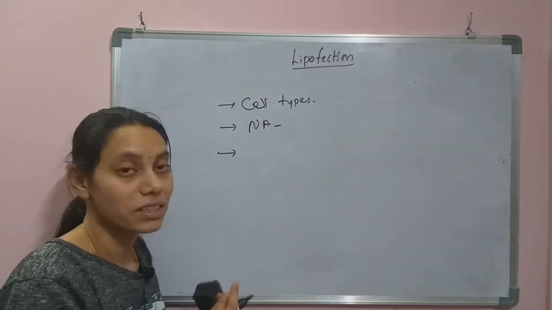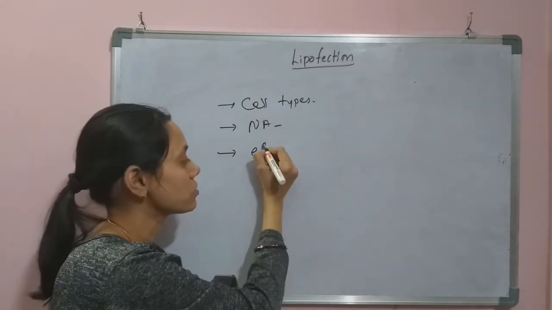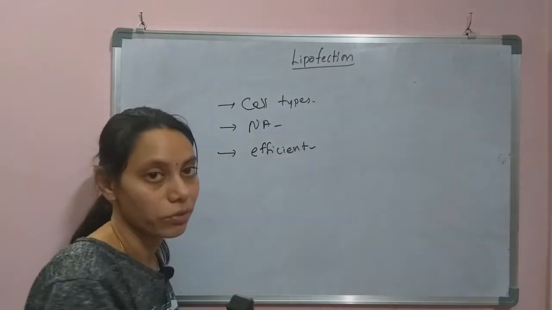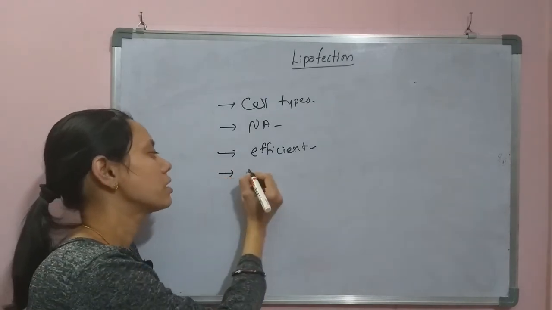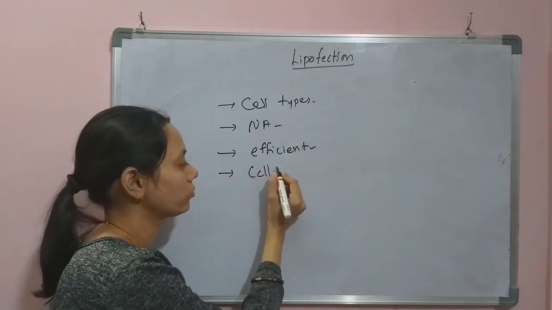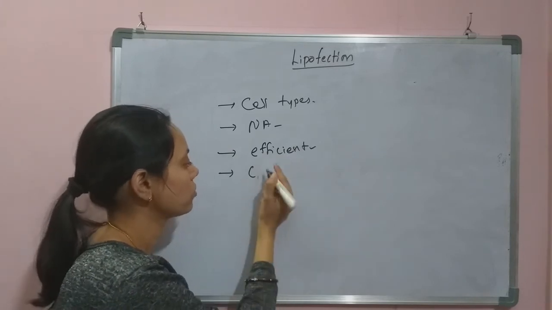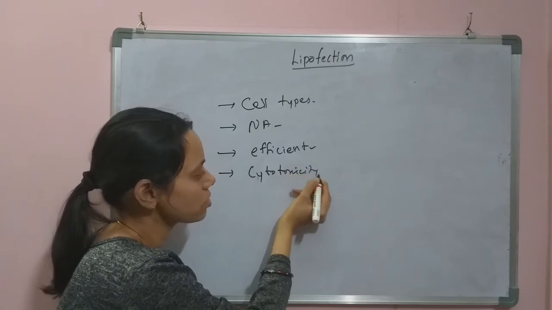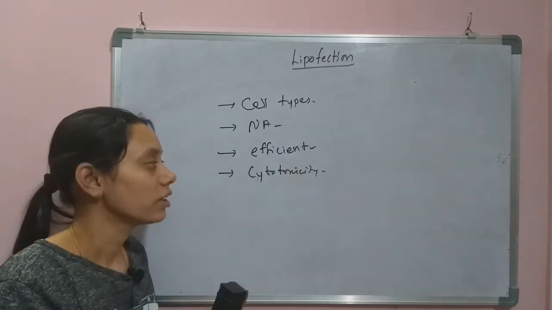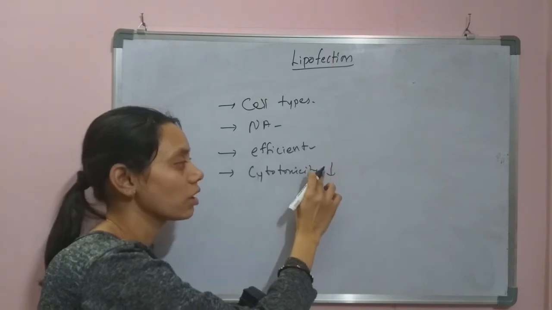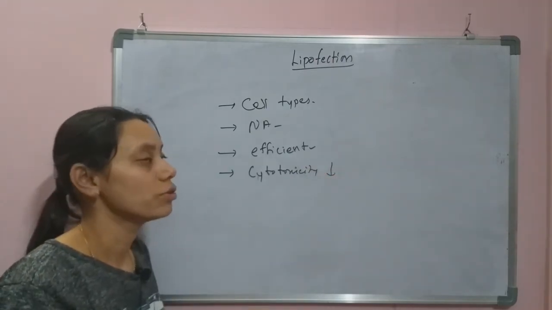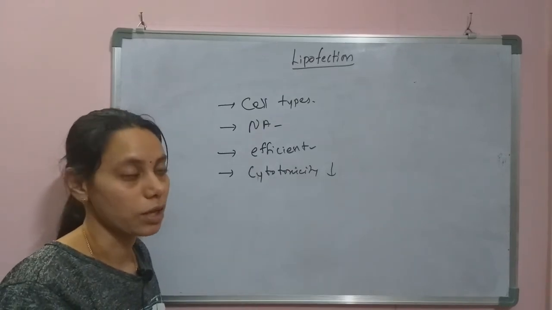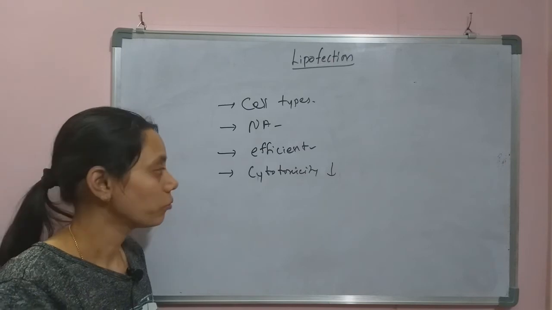It is considered an efficient delivery system, a very advanced method, with less cytotoxicity. The cytotoxicity is very much less compared with the other chemical systems, and it is widely used more than calcium phosphate. These can be widely applied for many cell types because of the low cytotoxicity.